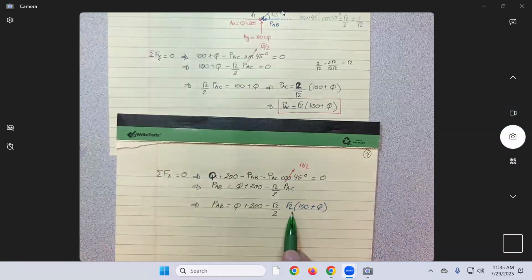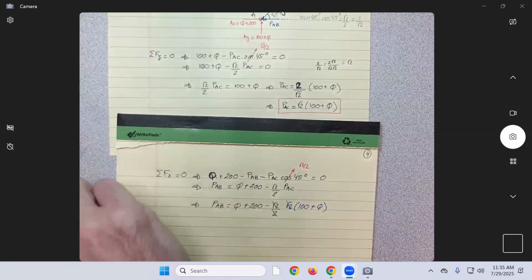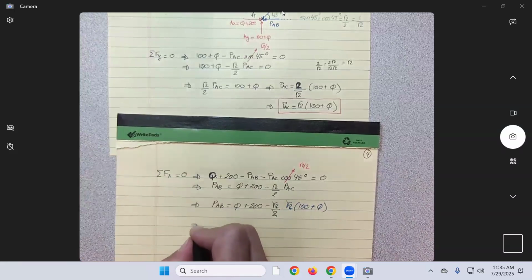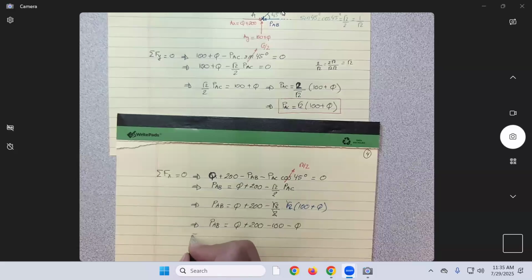So now what happens? Square root of 2 times square root of 2 will be equal to 2. We cancel with the 2. So we get over here the axial force PAB will be equal to Q plus 200 minus 100 minus Q. So we are lucky, PAB would just be equal to 100.